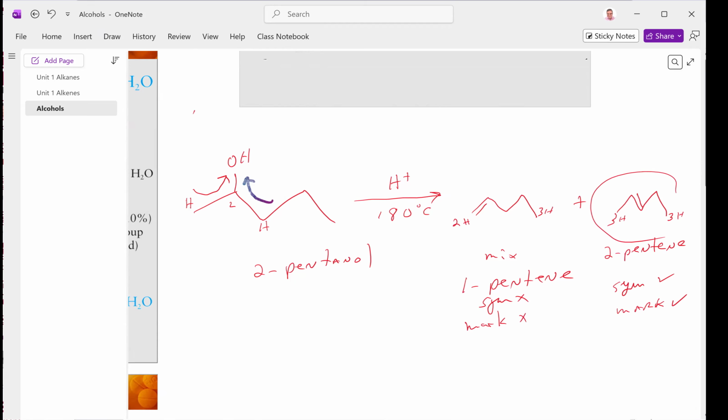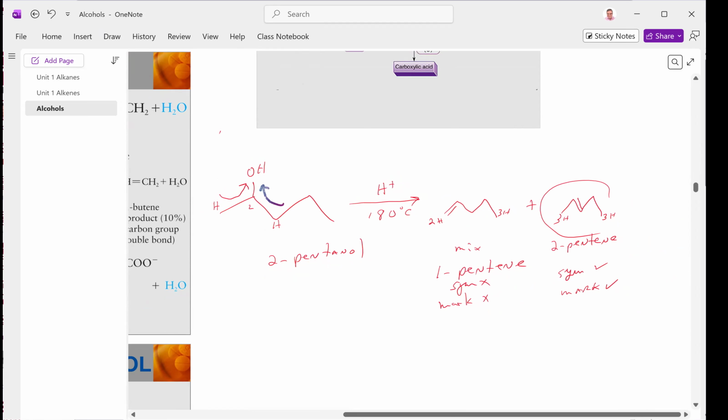So whenever the OH is in the middle, which it'll be most of the time, you're going to get a mix. If it's on the end, no mix. Because there's only one way to pull off water when it's on the end. Okay, does this make sense?